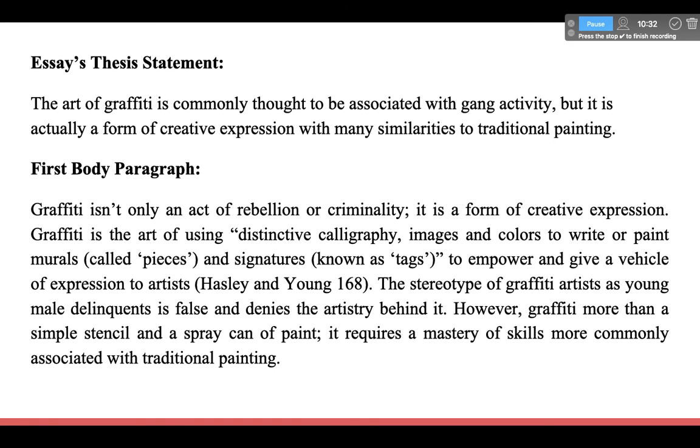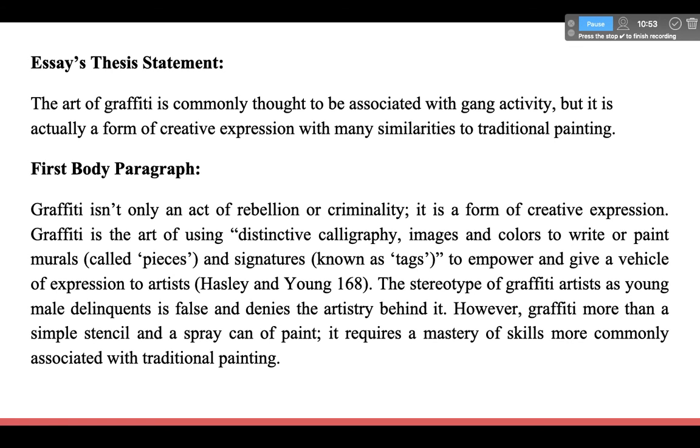Graffiti isn't only an act of rebellion or criminality. It is a form of creative expression. Graffiti is the art of using, quote, distinctive calligraphy, images and colors to write or paint murals called pieces, and signatures known as tags, end quote, to empower and give a vehicle of expression to artists.